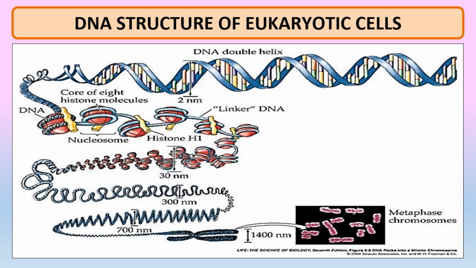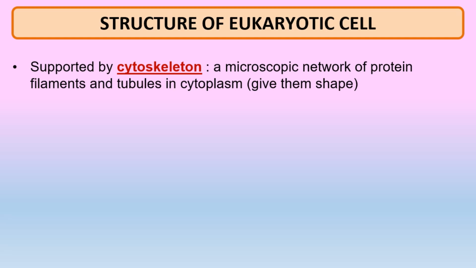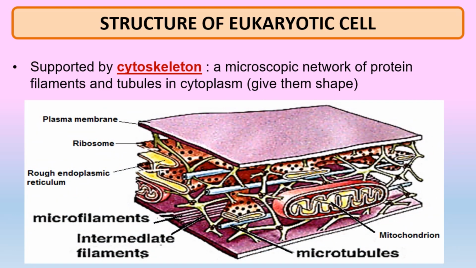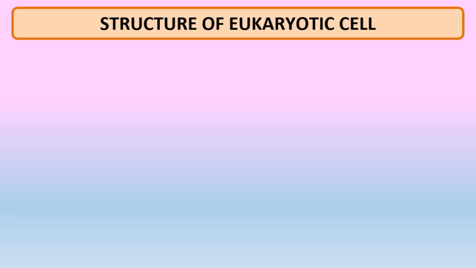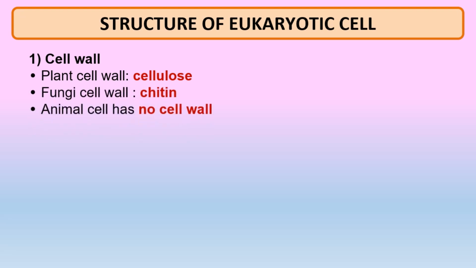This slide shows the DNA structure of eukaryotic cells. The structure of a eukaryotic cell is supported by the cytoskeleton, which gives the cell its shape. There are two structures of eukaryotic cells that you have to know: the first one is the cell wall, and the second one is flagella.